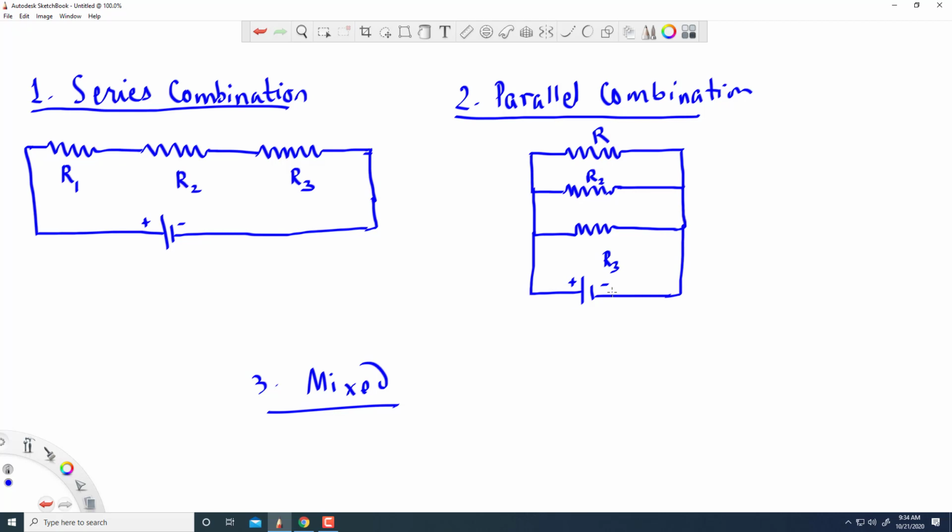Again, you can have more than 3, I just showed 3 here. So, there are 2 things you need to remember here, very important things. I want you to remember those 2 things.